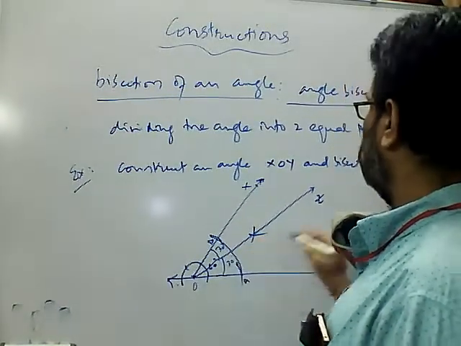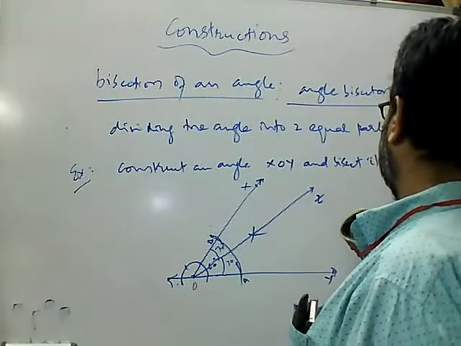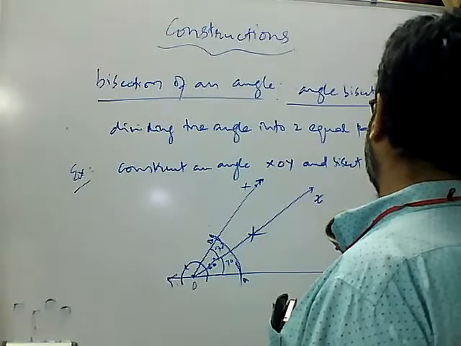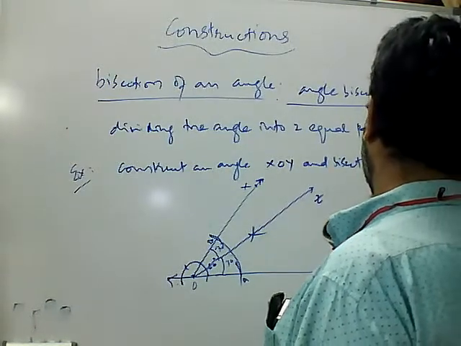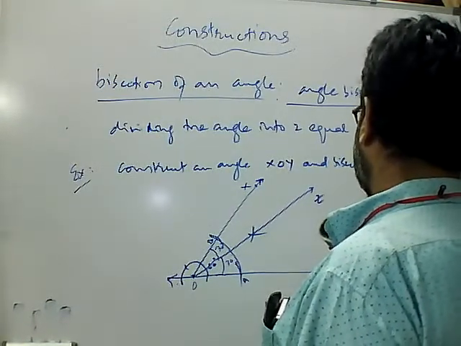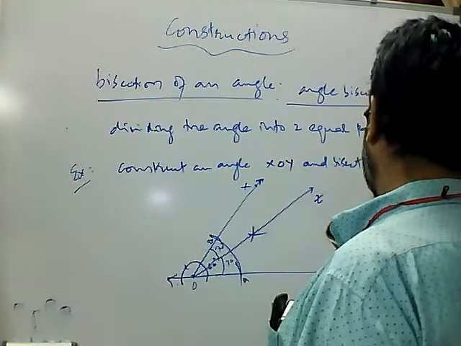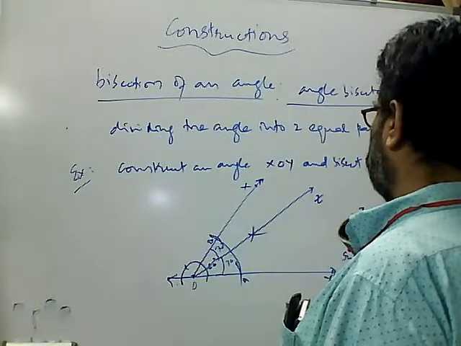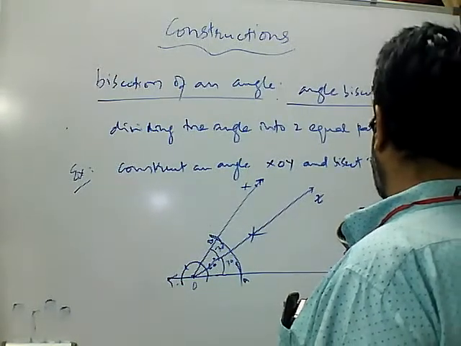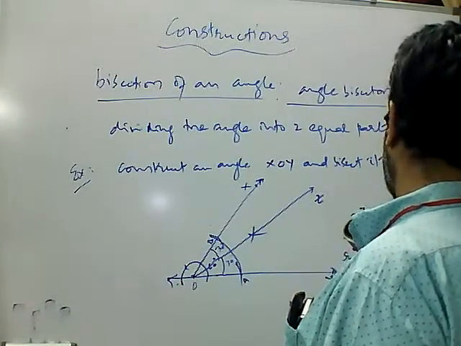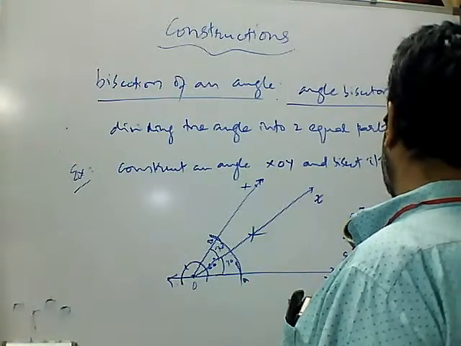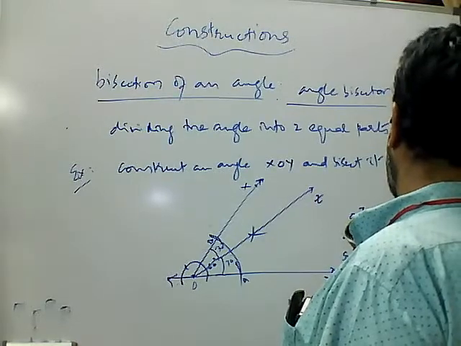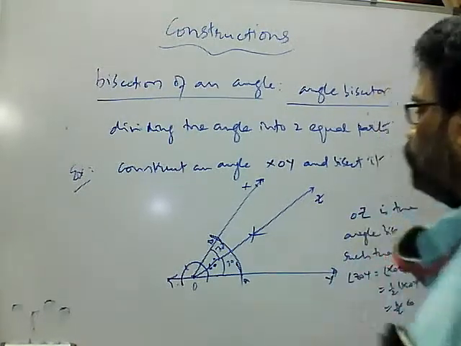OZ is the angle bisector such that angle ZOY is equal to angle XOZ, which is 30 degrees, half of XOY, which is half of 60 degrees, that is 30 degrees.